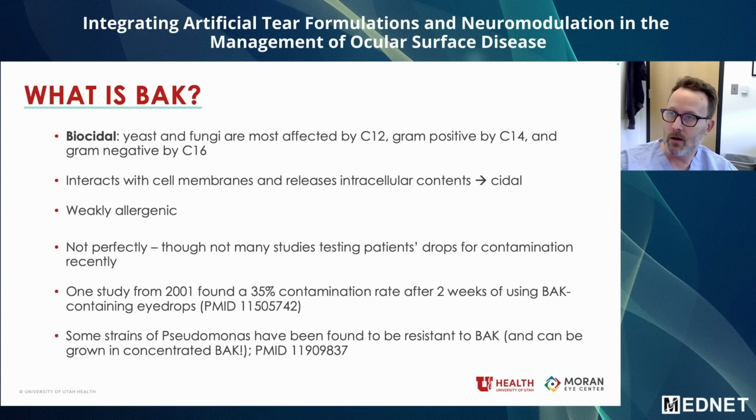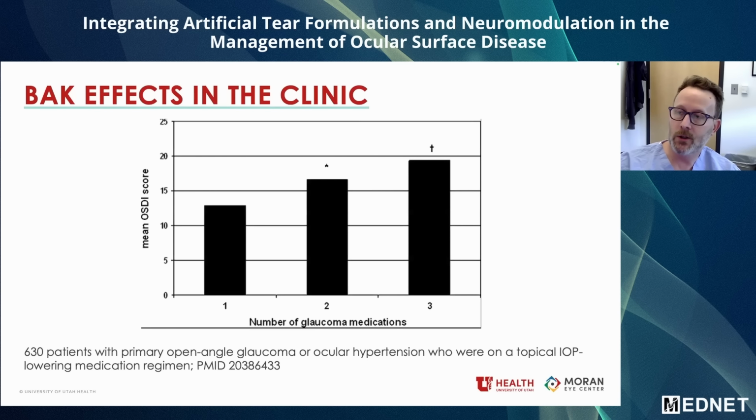But the reason I want to talk about this is if you have a glaucoma patient and they're complaining of dry eye, the preservatives within the drops they're taking could be playing a major role. If you look at the ocular surface disease index score of glaucoma patients who are taking drops and the number of glaucoma medications that they're on, certainly the more glaucoma medications you're on, the worse your symptoms get.